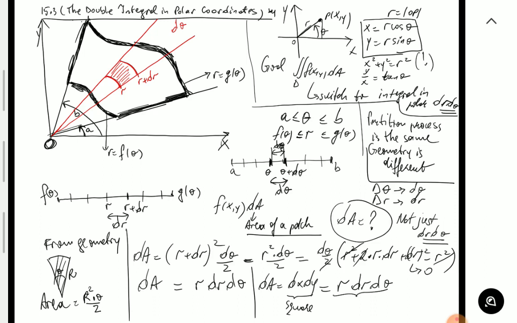So don't forget this extra r, because the extra r is part of the new dA in polar coordinates. So in a nutshell, you're going to replace x with r cosine, y with r sine, and finally dx dy with r dr d theta. So you have that extra r that you should not forget. So let's write down the formula on the next page, and then we're going to obviously finish up with examples.